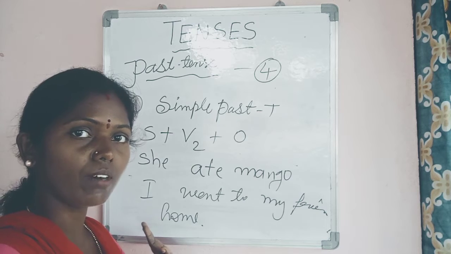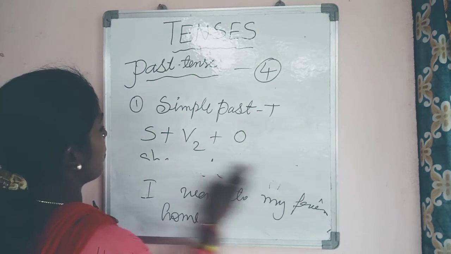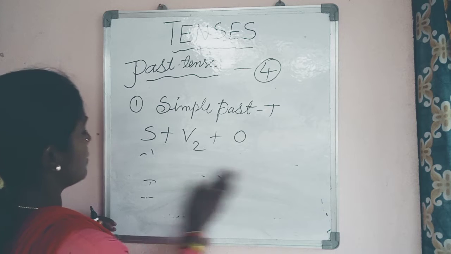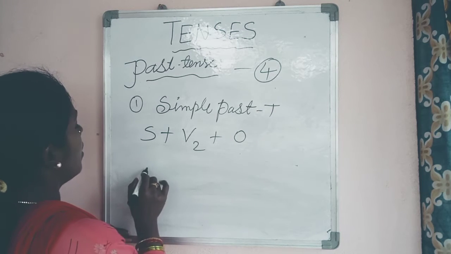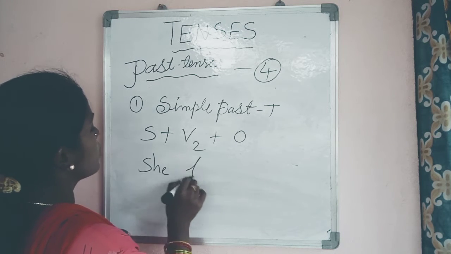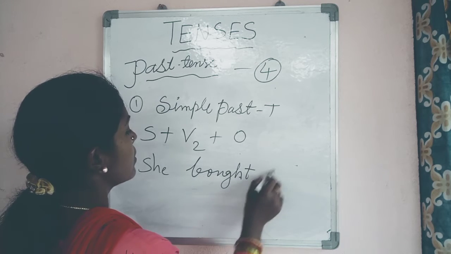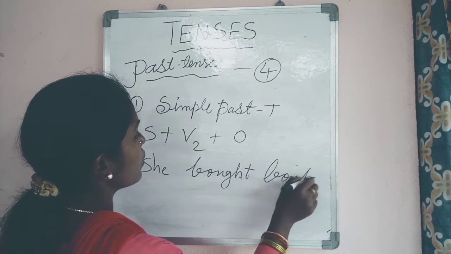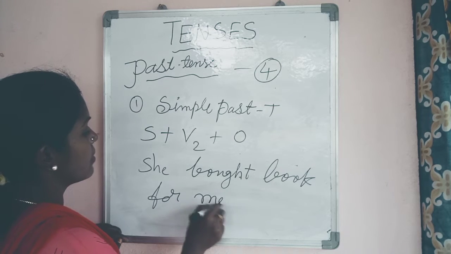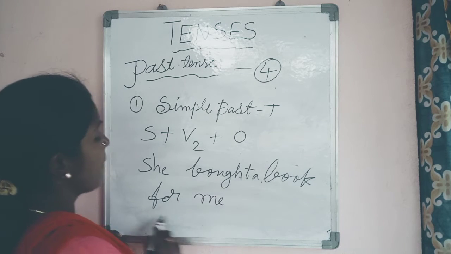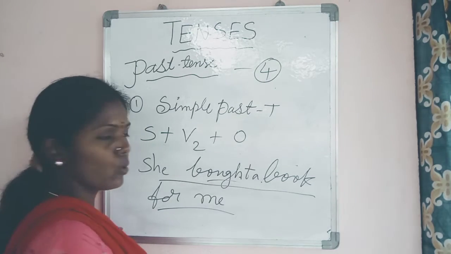Next, another example of simple past tense: she bought a book for me.